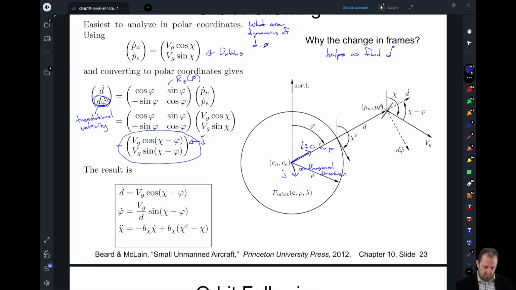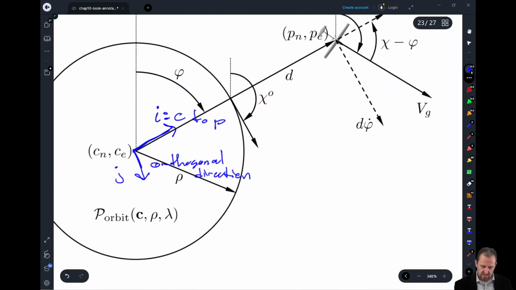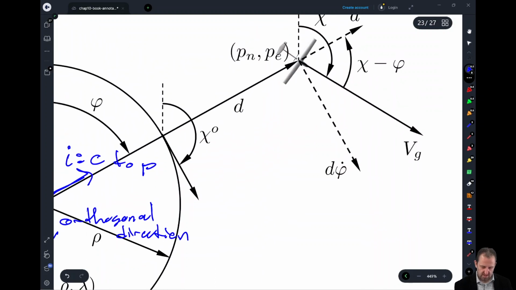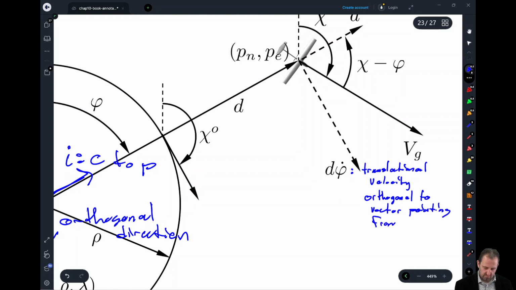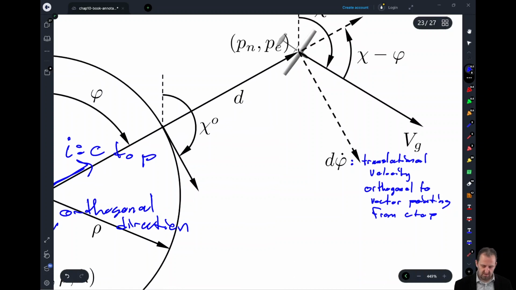Now, that top row is d dot, but this other one, like I mentioned before, is a translational velocity orthogonal to the vector pointing from our C to P. So it's orthogonal to that vector.